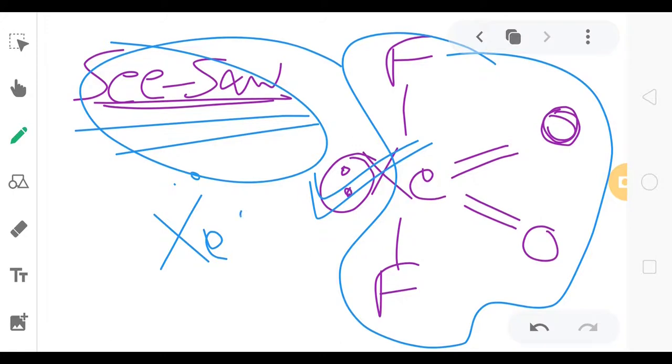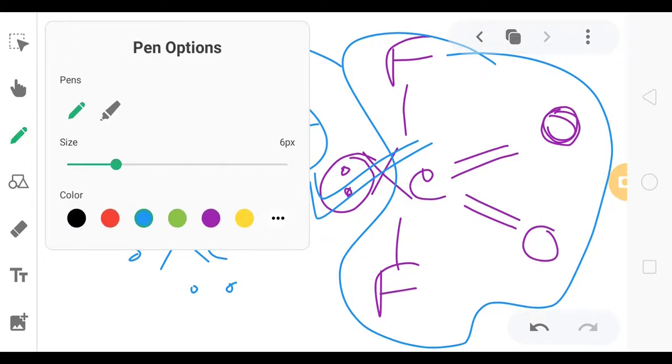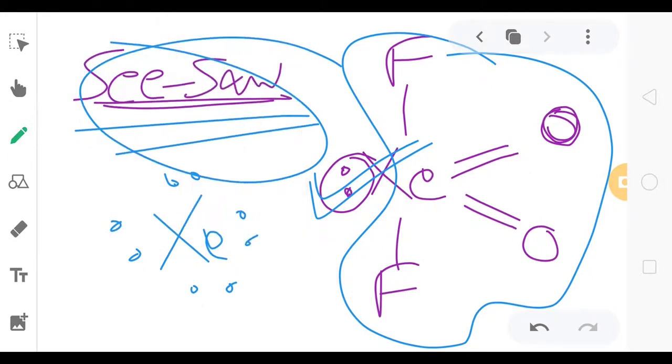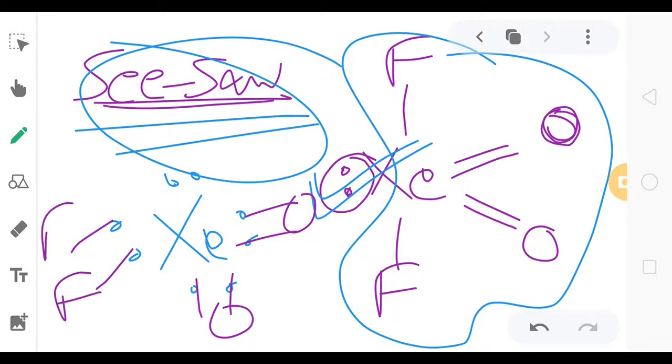We have 8 electrons in the valence orbitals of xenon. Oxygen forms a double bond. 2 oxygens means 4 electrons have gone. Now 2 single bonds with the fluorine atoms. What is left is the single lone pair.